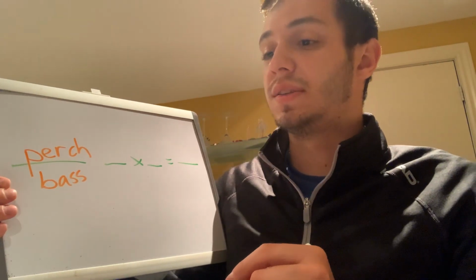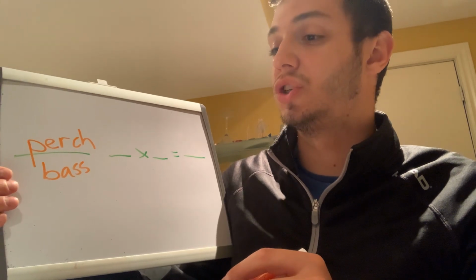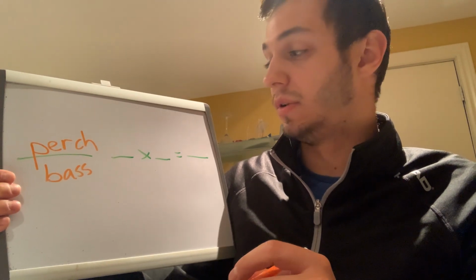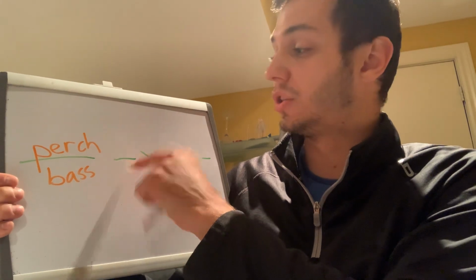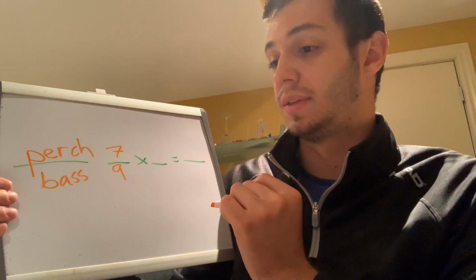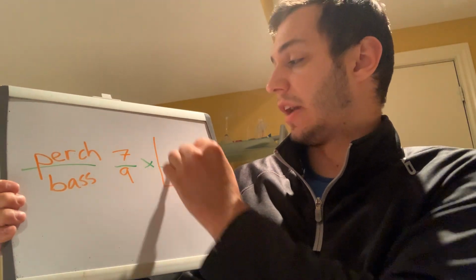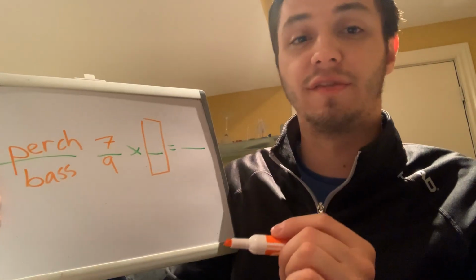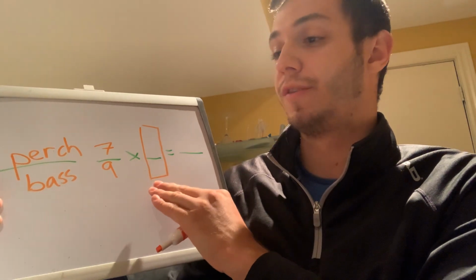In the first sentence, it tells us that there were 7 perch for every 9 bass. So that's where we'll write our first fraction, 7 perch for every 9 bass. This second fraction is going to be our equivalent fraction, so we'll leave it alone for now.